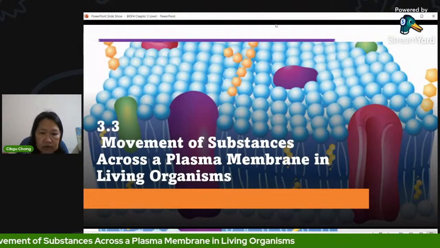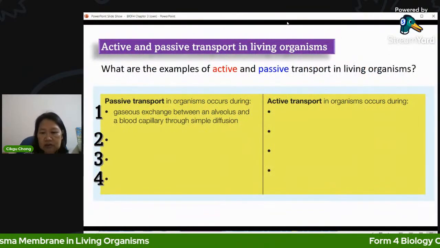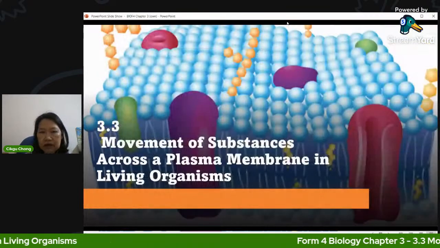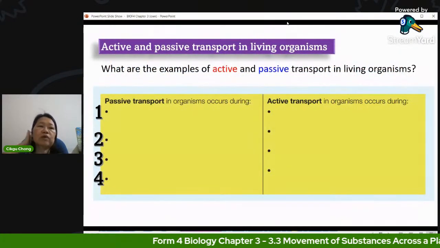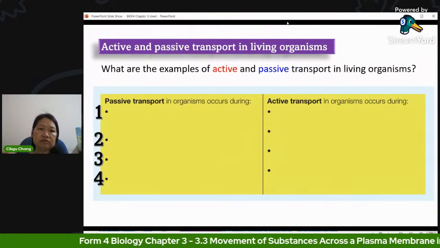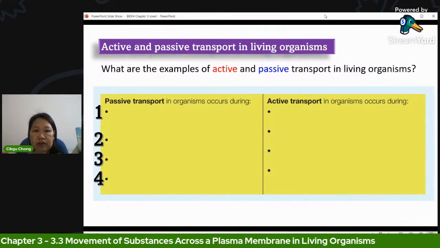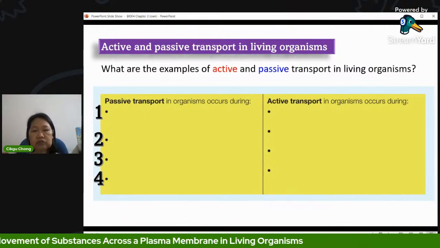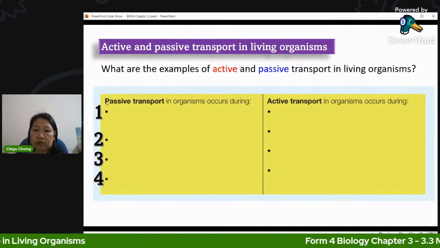Let me just look at my own screen. This is the first screen here. These are the examples of active and passive transport in living organisms. For every method of transport, you need to remember at least 2 examples. This is straight from the textbook.